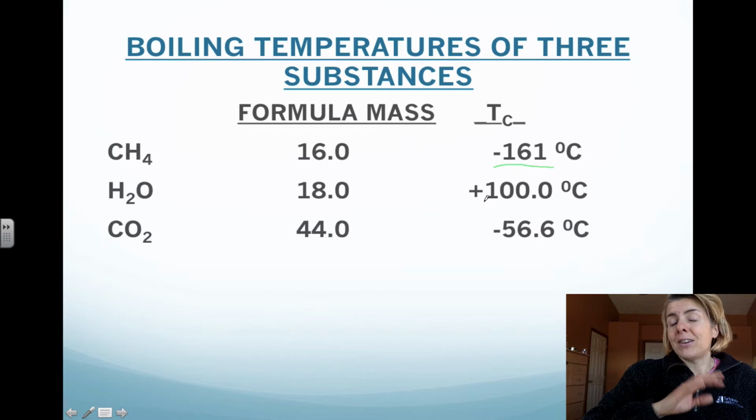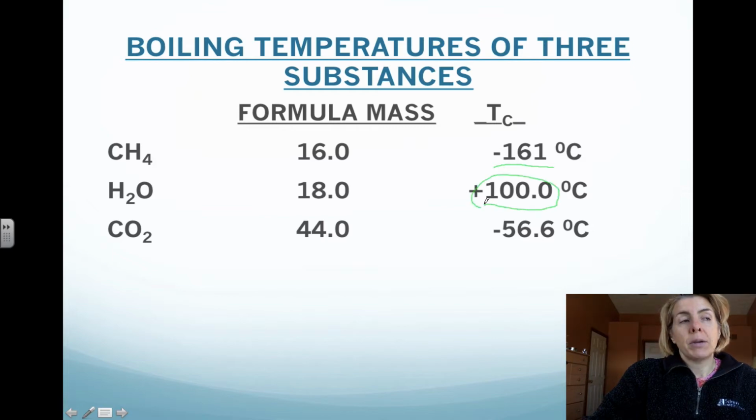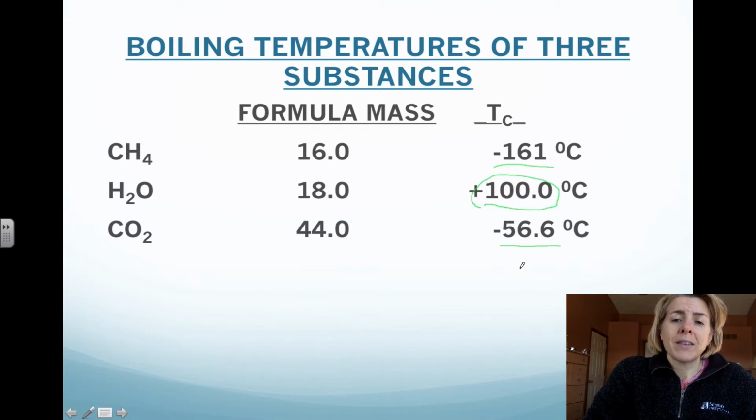Water, which has hydrogen and oxygen with a lone pair of electrons on top of it, has a very high attraction with itself, and because of that, it has a very high boiling point. Here we have carbon dioxide. Yes, we have oxygen, but no, we do not have hydrogen, so we cannot have hydrogen bonding. And as a result, there's a very weak attraction with itself, so it has a negative 56 boiling temperature because of that.